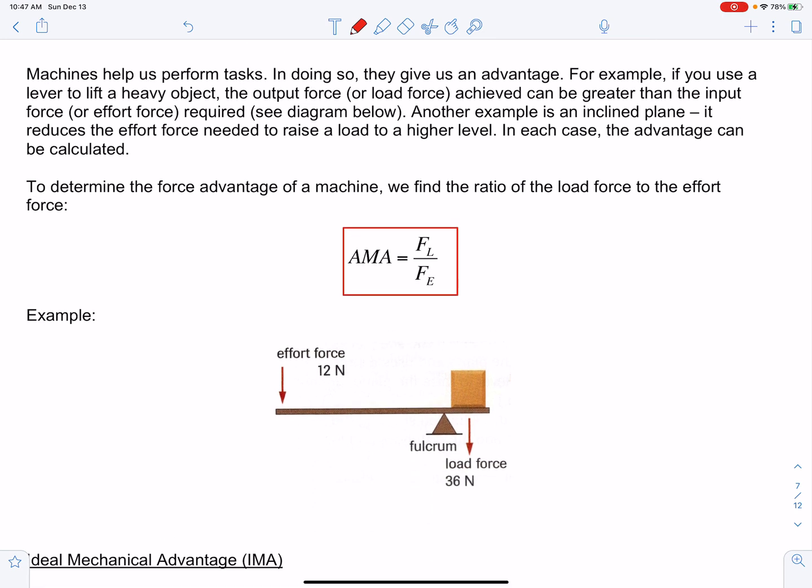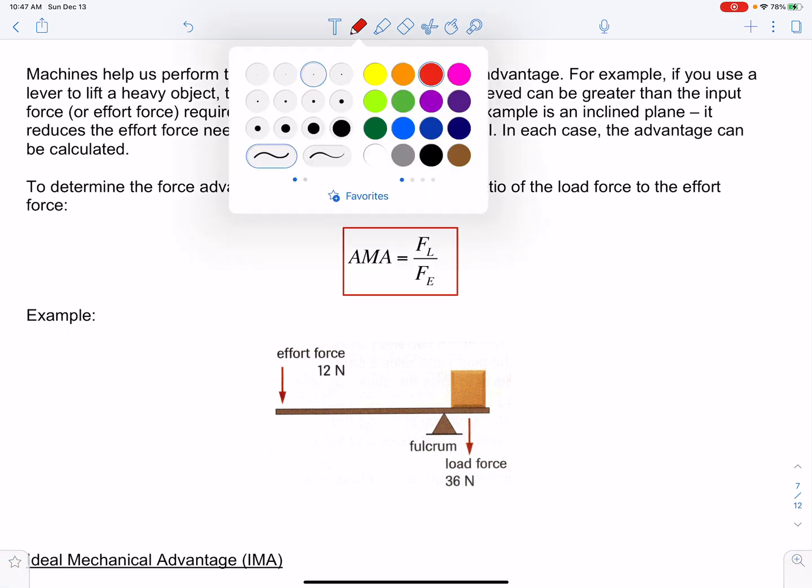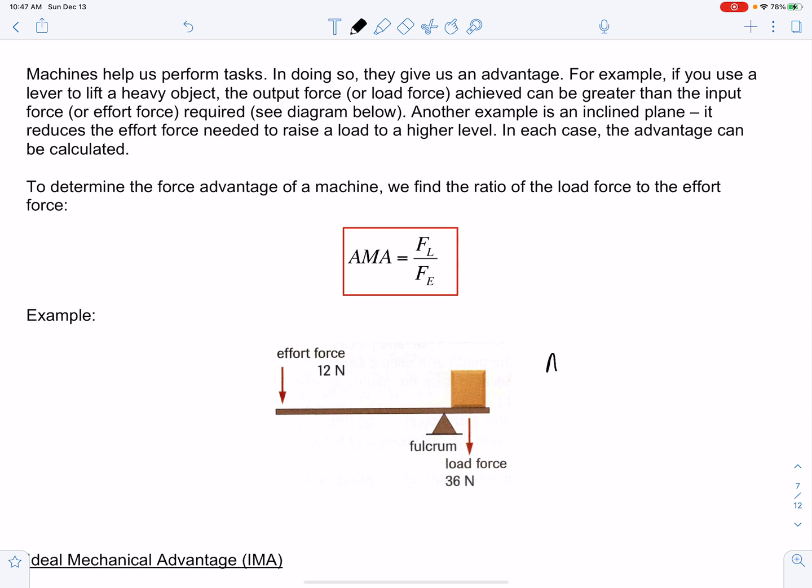Here we have an effort force of 12 newtons required to lift a load force of 36 newtons. So the actual mechanical advantage we can calculate is equal to the load over the effort, which is 36 newtons divided by 12 newtons.